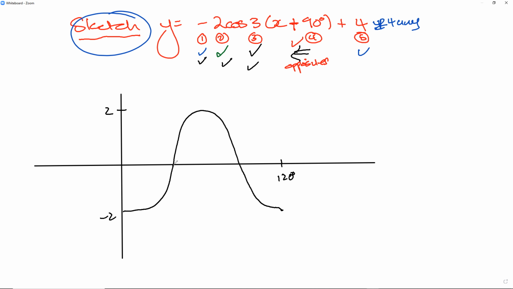So what that means is that this is going to be my new axis, because this is 30, no, 30, 60. This is going to be my new axis here, right? So that's 90. If I shift the whole graph left, then this is going to be where the graph is 0, okay? So I'll keep that in mind.